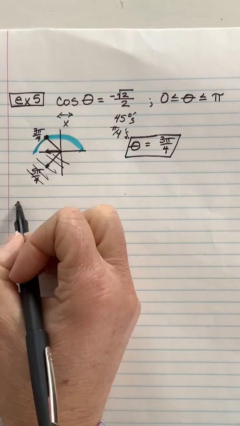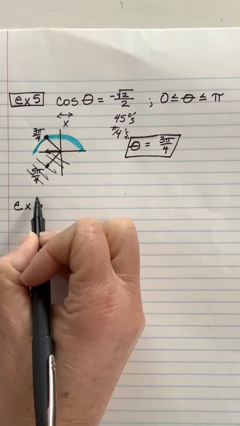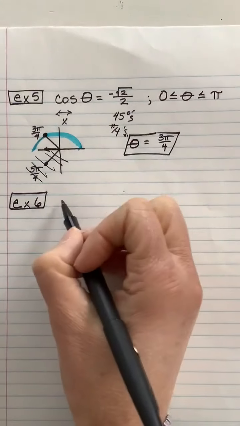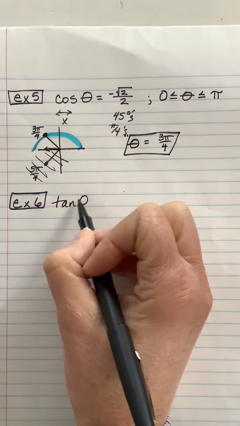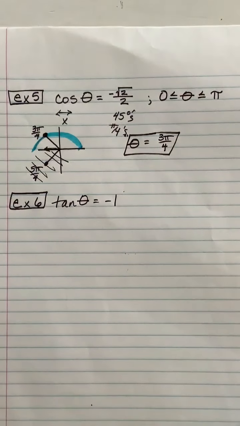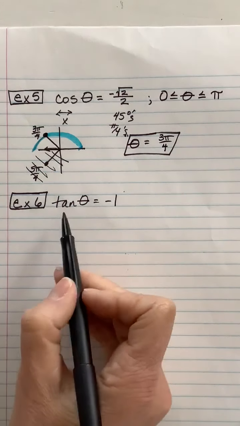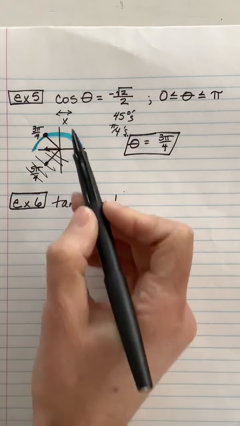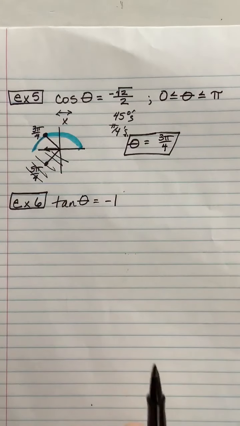All right, so let's try example 6. And then maybe we'll do like a really tough one. Let's try tangent of theta is -1. Okay, tangent gets a little tricky, because tangent, of course, what pops in your head is not just one dimension, but 2.